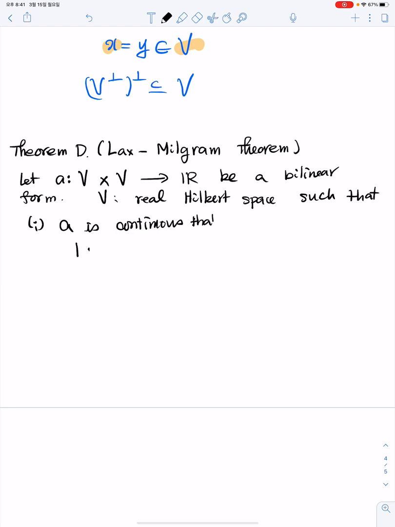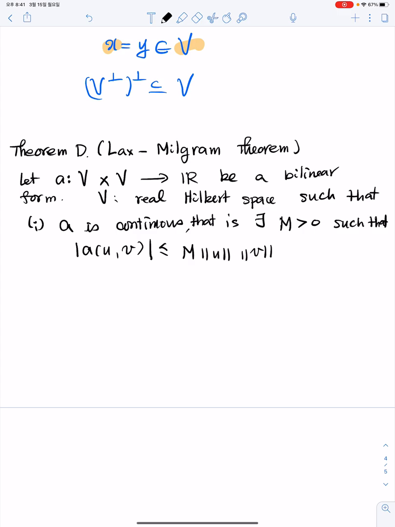That means there exists some M positive such that the absolute value of A(u,v) is less than or equal to M times the norm of u times the norm of v, for every u, v in V. This means A is continuous.